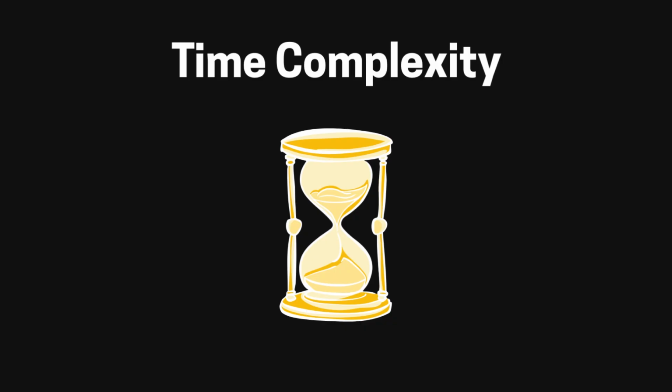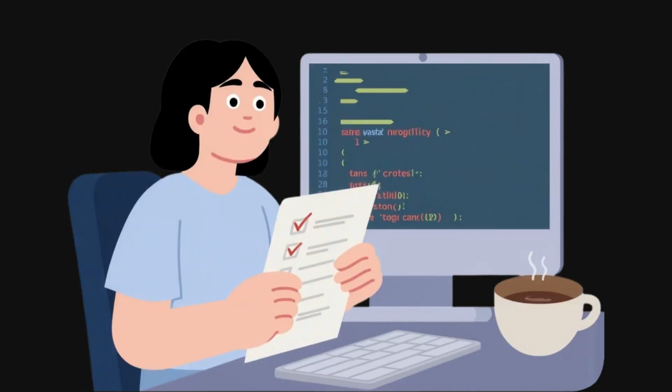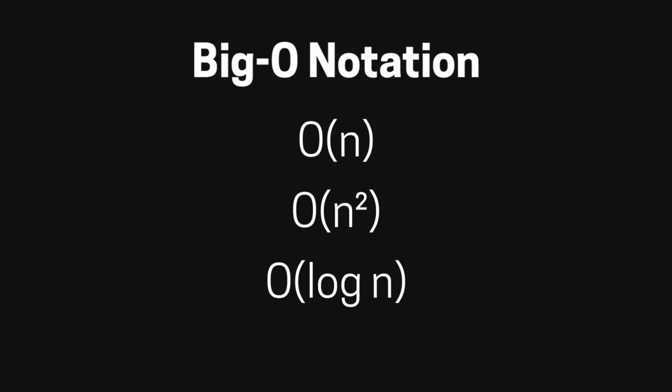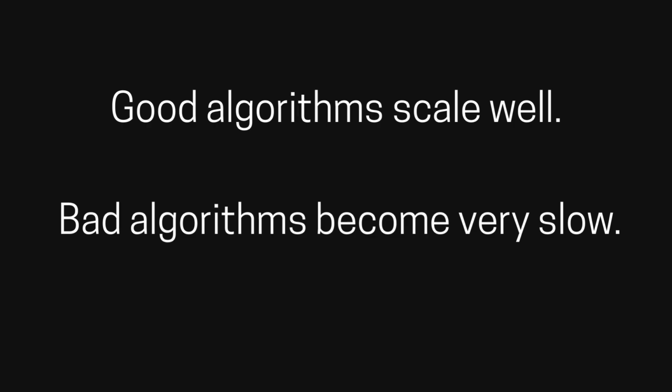For example, if sorting 10 numbers takes 1 second, sorting 1,000 numbers should not take 100 seconds if the algorithm is efficient. Computer scientists use something called Big O notation to describe efficiency. You may hear terms like O of n squared, O of log n. For now, just understand this: good algorithms scale well as data grows. Bad algorithms become extremely slow.